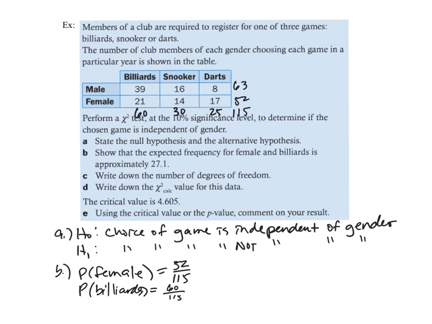So we take those two probabilities. The probability of A and B would be 52 over 115 times 60 over 115. Oops, this should be a 5, sorry about that. So this represents the probability of A and B, and then we multiply that by the number of people, 115, and the result, if on your calculator, does turn out to be 27.1, so that checks.